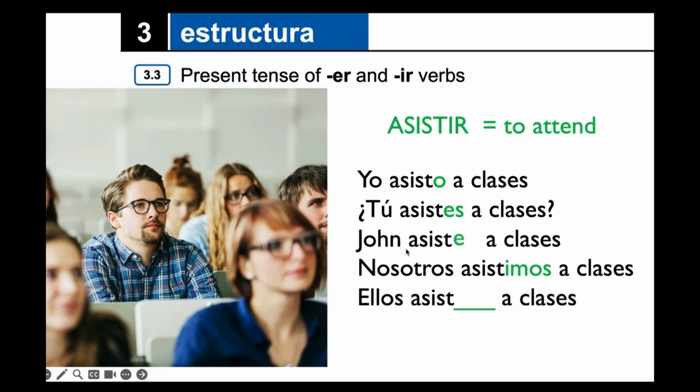Hopefully you said John asiste a clases. Nosotros asistimos a clases. That's the one with the I. What about ellos? Hopefully you said ellos asisten a clases.